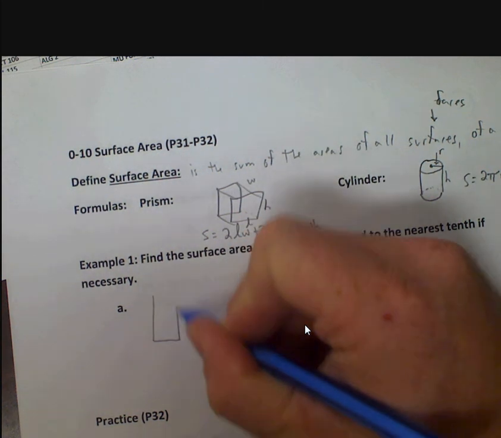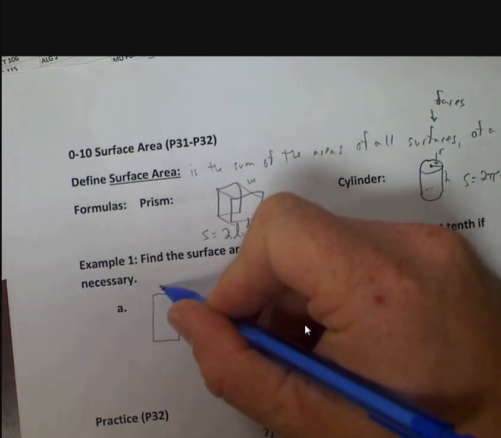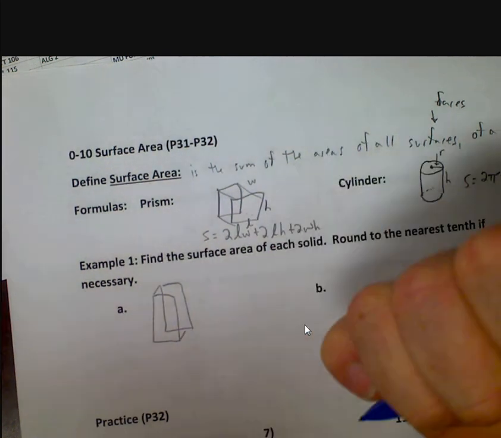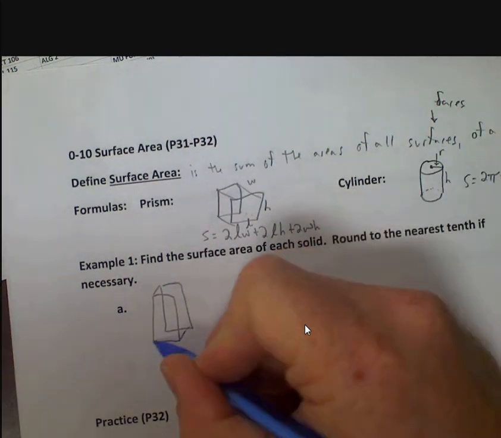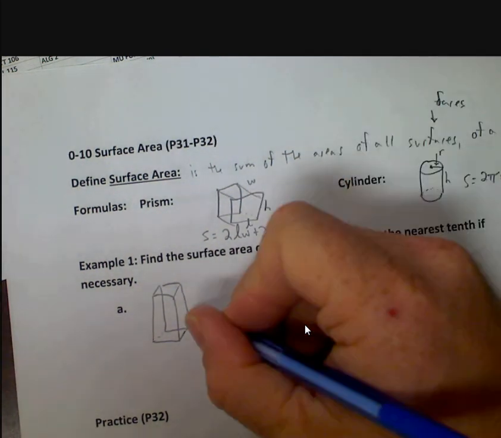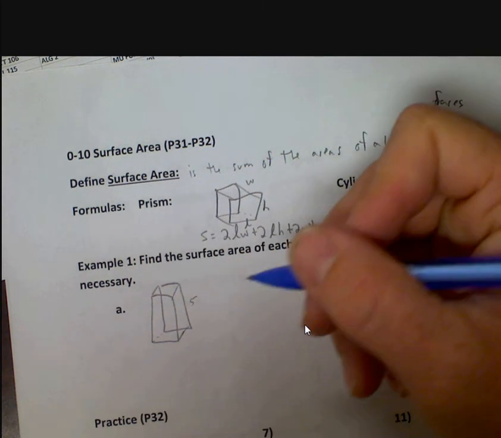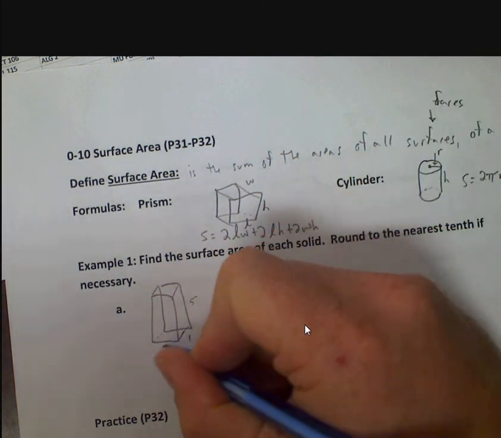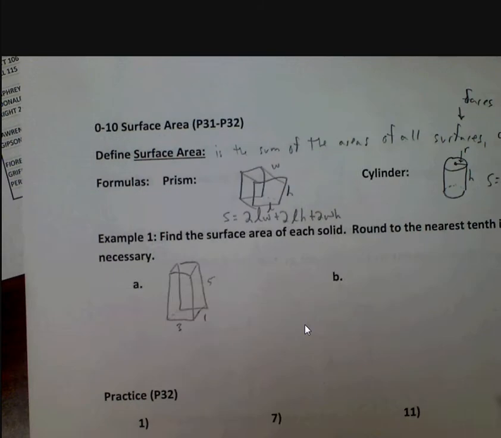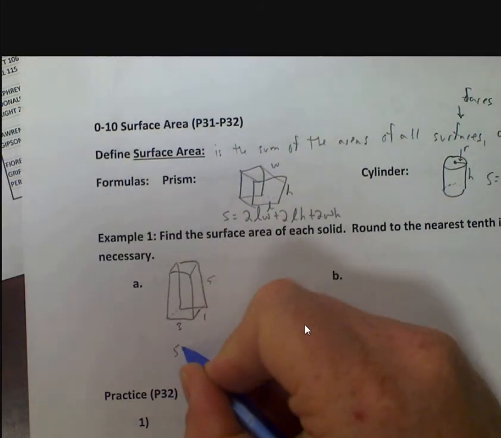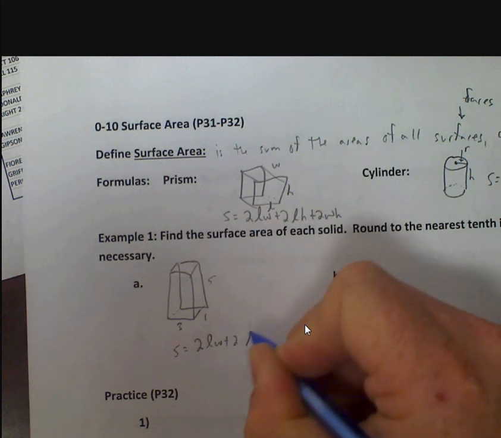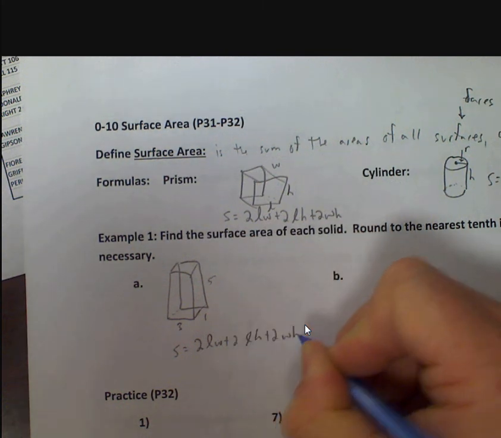So on letter A, we have a rectangular prism. The height is 5, the width is 1, the length is 3. So my surface area is 2LW plus 2LH plus 2WH.